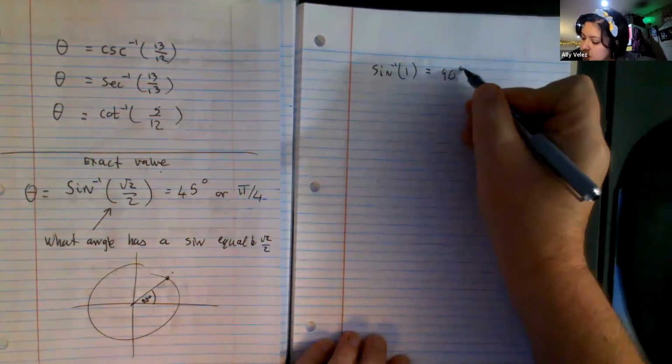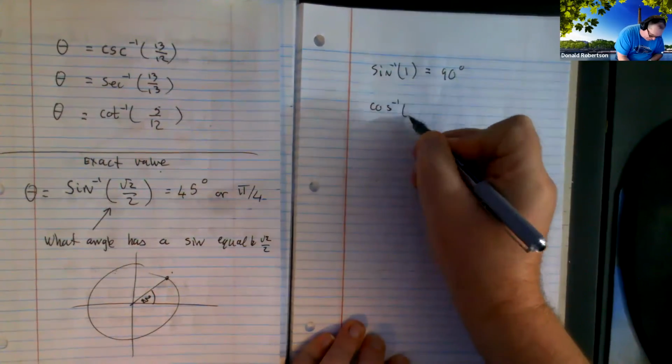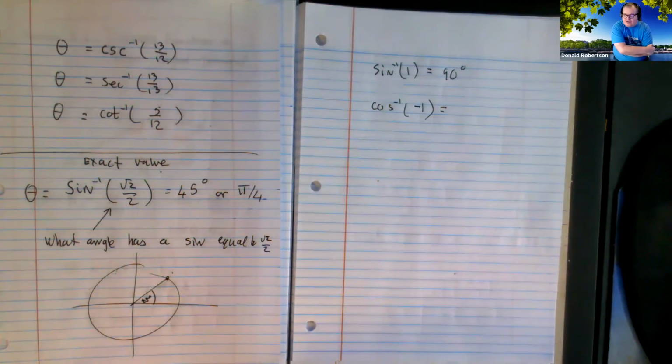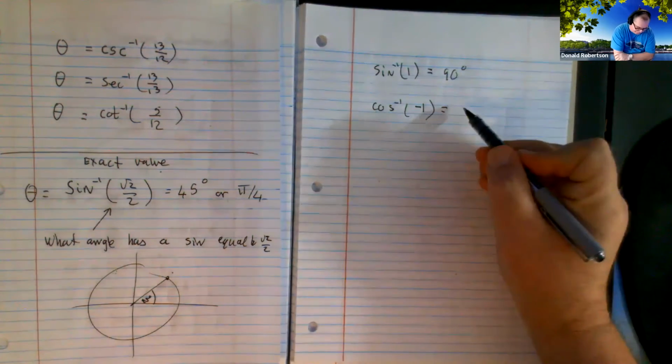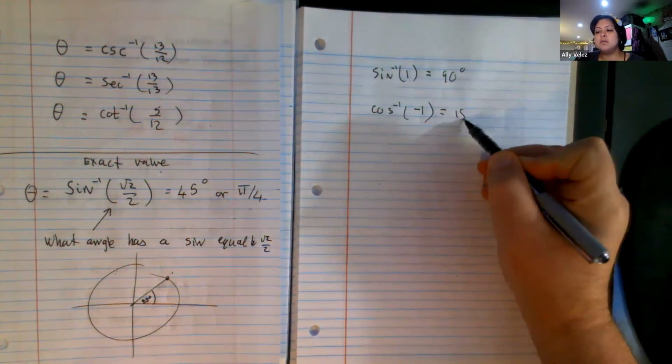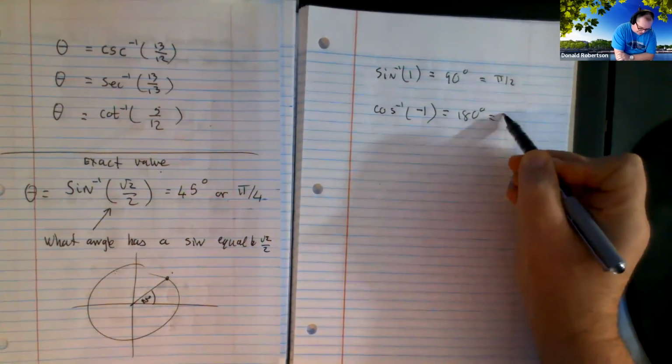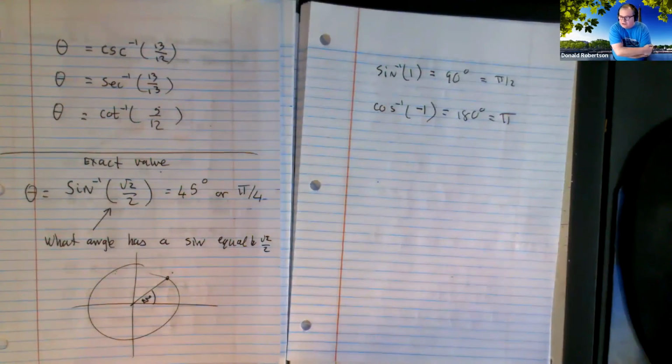Great. What angle has a cosine of -1? That's how you should read them out to yourself. What angle has a cosine of -1? 180. And if the question said in radians, don't you just find the 180 and then you turn it into radians later? That's probably the easiest way to do it.